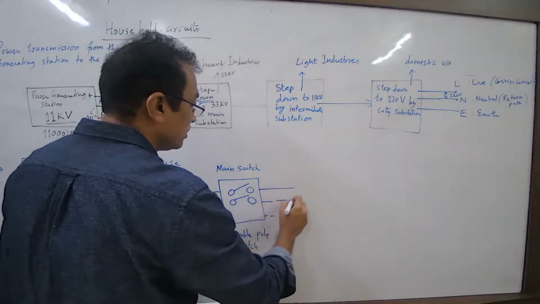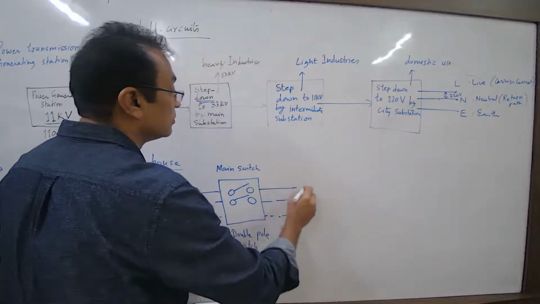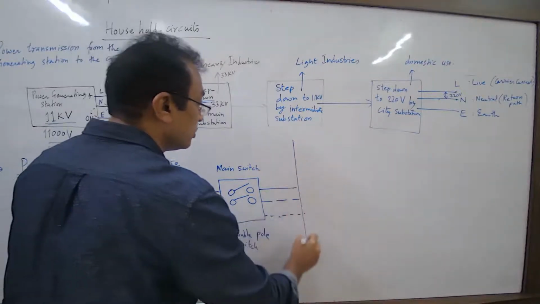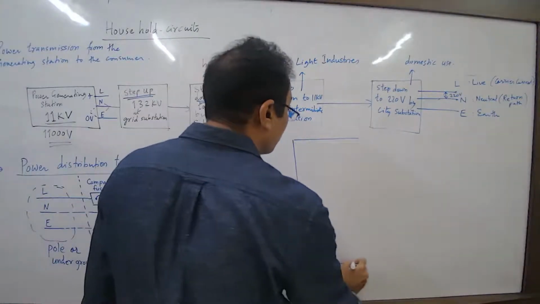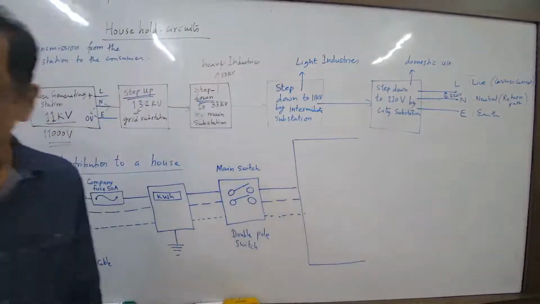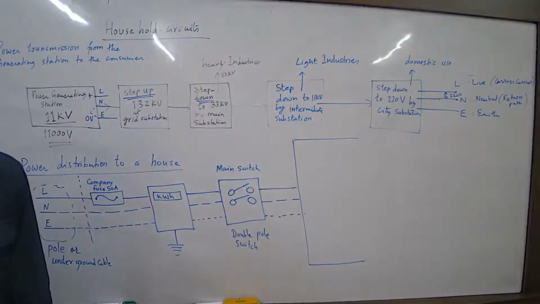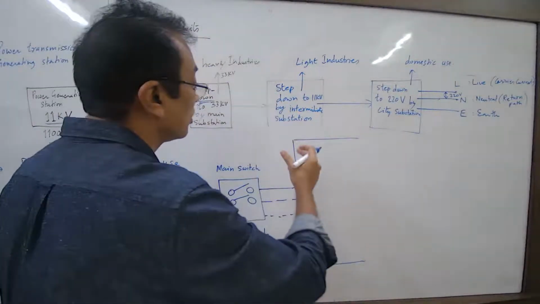So now these three things are taken into a distribution board. So what is the distribution board? Distribution board is from where we can take the wires to different rooms, bathroom, kitchen, right? Like that. So let's say we have a 3-bedroom hall apartment.